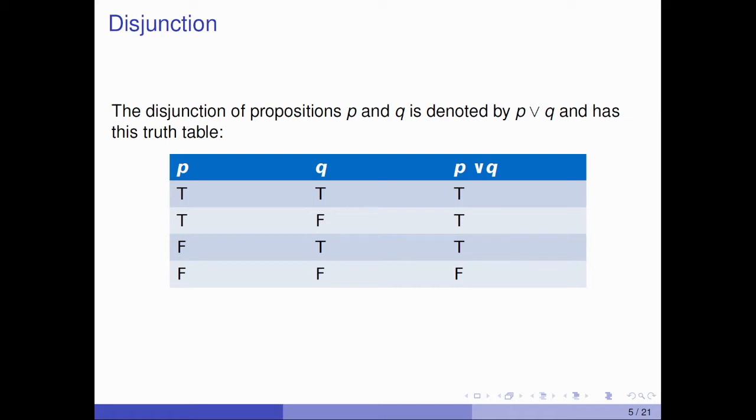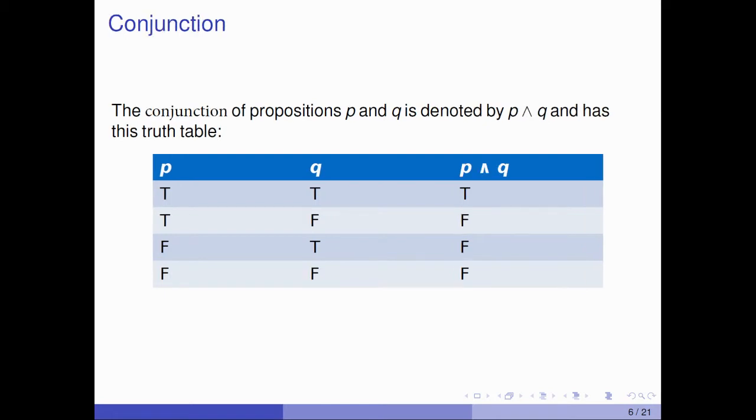Manila is the capital of the Philippines, so that makes the entire proposition, the disjunction, true, because Manila being the capital of the Philippines is true, even though 1 plus 1 equals 0 is false. But then you already have one true proposition there, so the disjunction becomes true. Right?